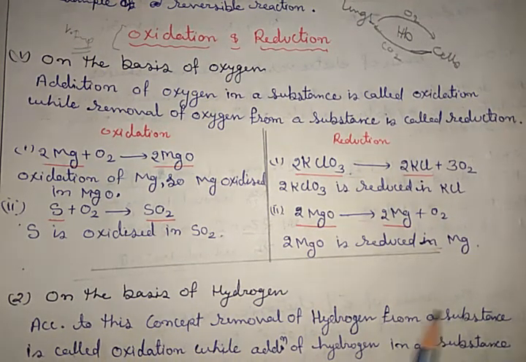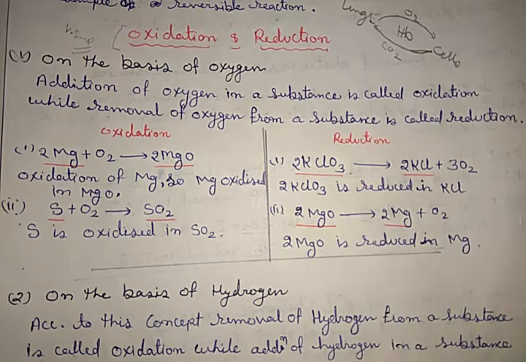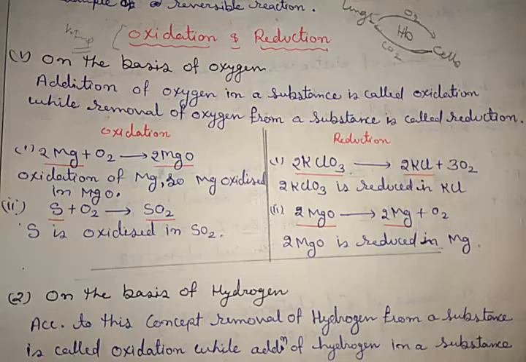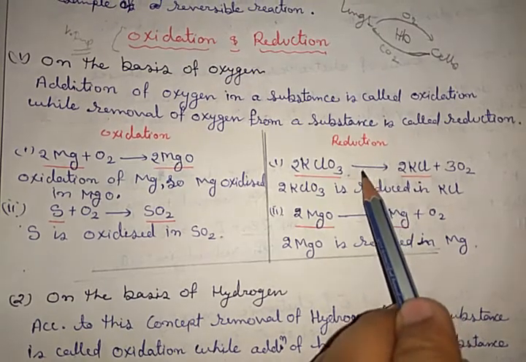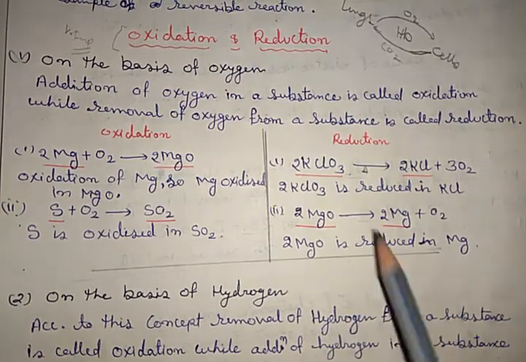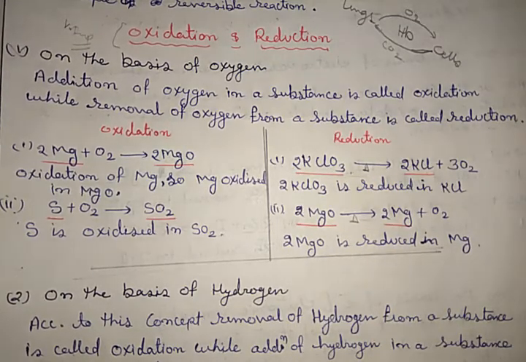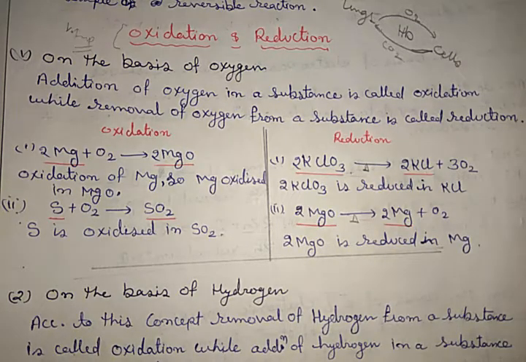Got it? If we consider an example of reduction, the first one is potassium chlorate, which on heating decomposes into 2KCl, potassium chloride, and releases oxygen gas.